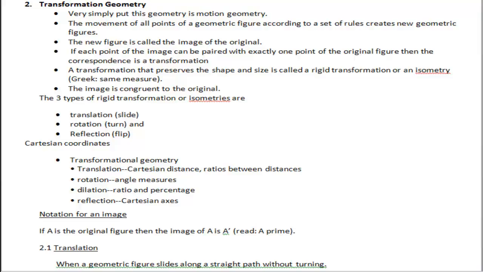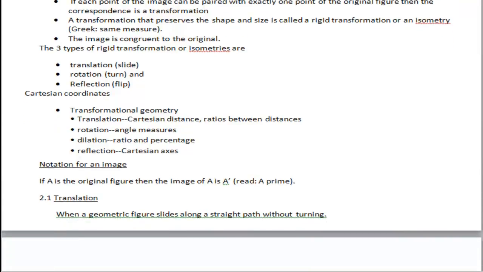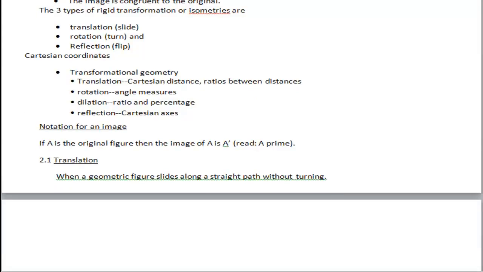Then rotation, where we look at angle measures; enlargement or dilation, with ratio and percentage; and reflection about the Cartesian axis. Notation for an image: if A is the original figure, then the image of A is A prime.